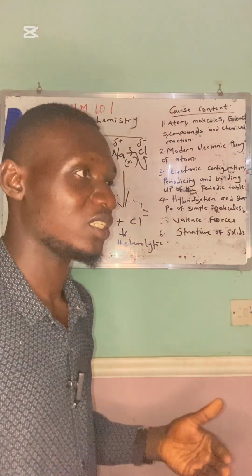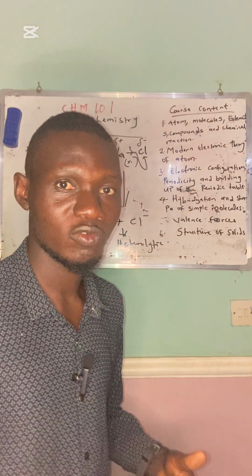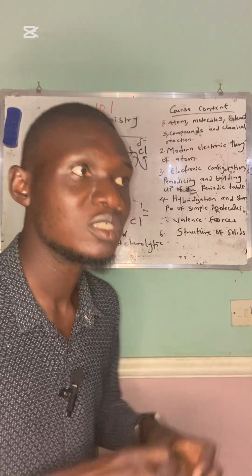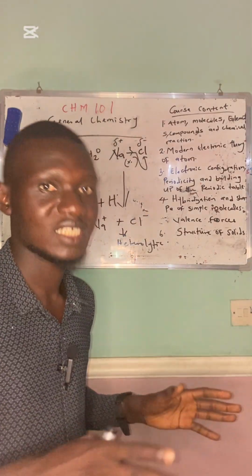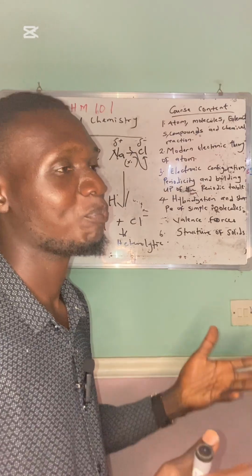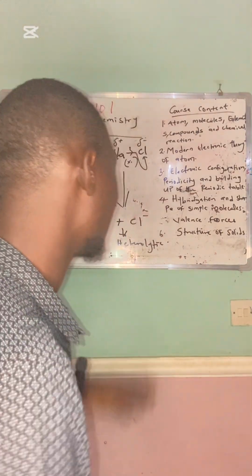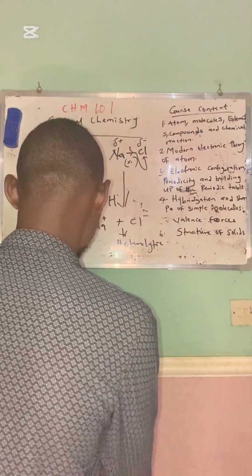So when you say it can combine chemically, that is, it involves electrons to form bonds that hold the compound together to form a compound, or a compound also can be seen as split into different forms by a chemical process. So that's a compound. And then finally, a chemical reaction.